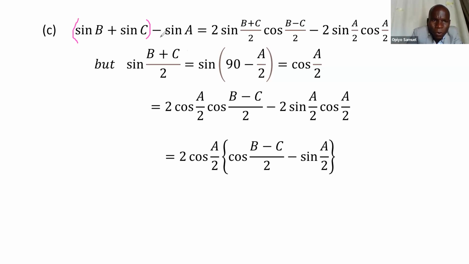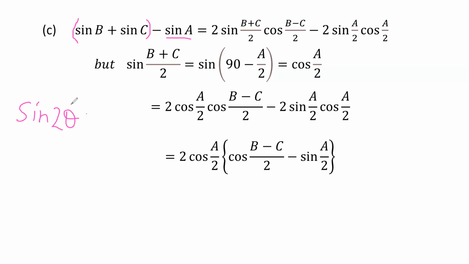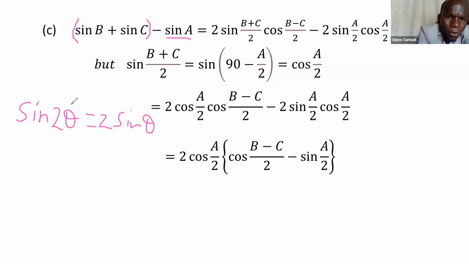That's for the first part. Then for this second part where we have sine A, you use the double angle identity for sine. Remember, sine 2 theta equals 2 sine theta cos theta.